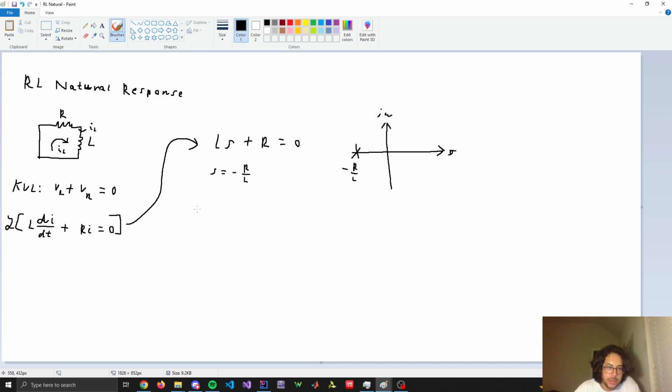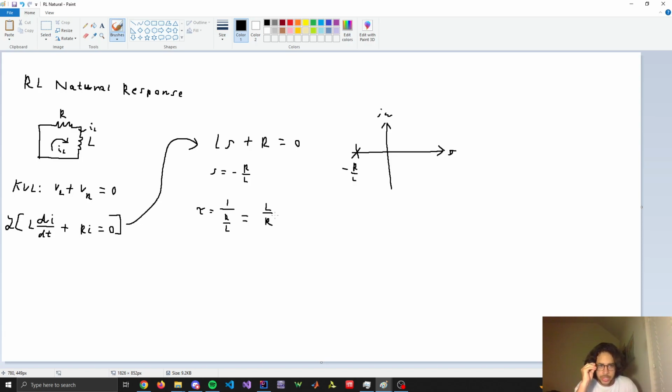Now we can solve for the time constant tau, which is 1 over R over L, which is L over R. So that's the time constant of the RL circuit in seconds.